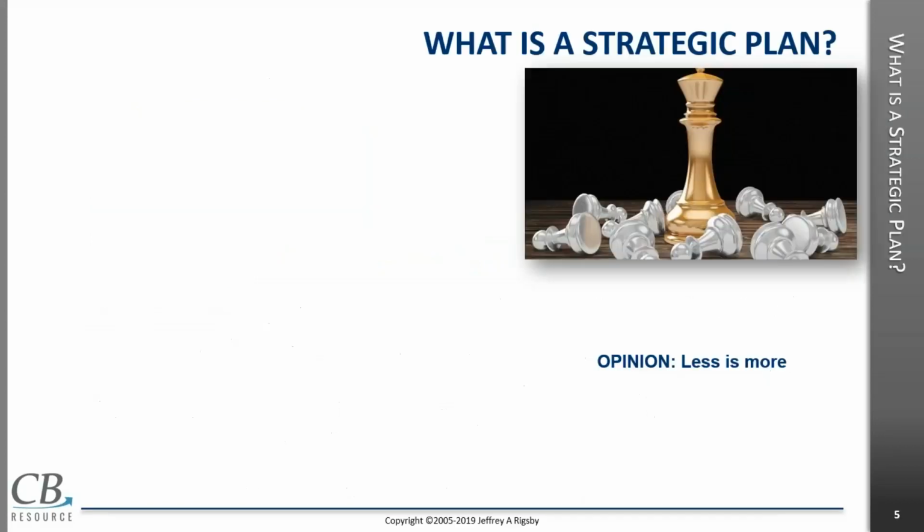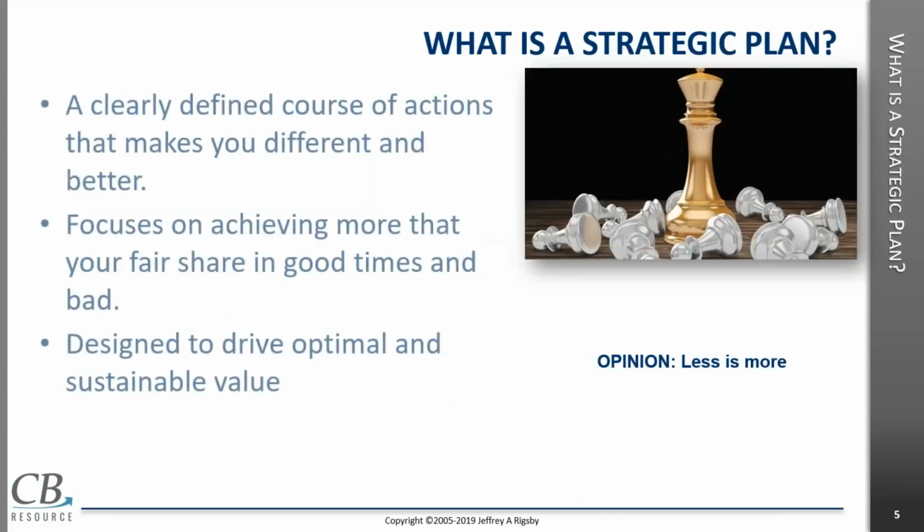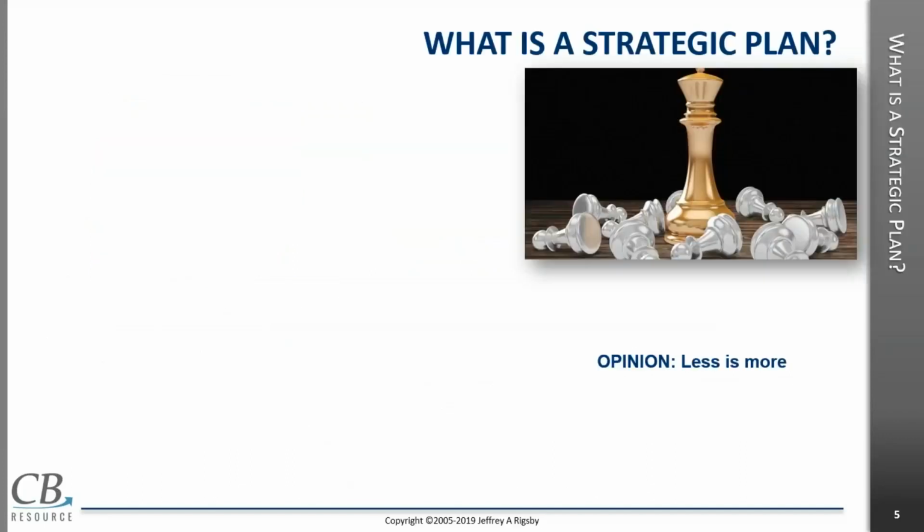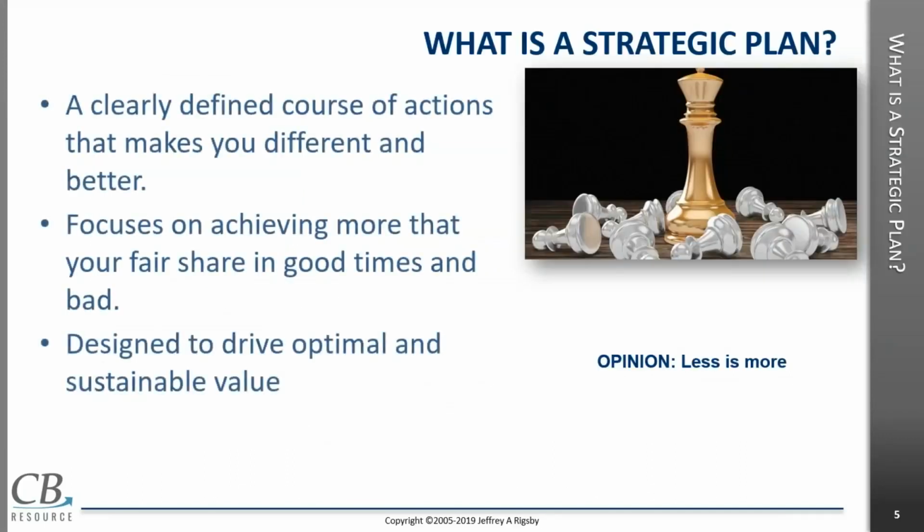Now, going back to it, if ERM is about the ability to manage risk and creating, preserving, and realizing value, well, strategy, or your strategic plan, is really designed to how a bank is going to drive to optimal and sustainable value.